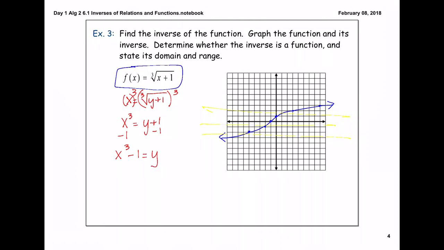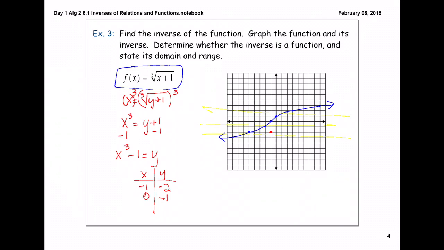If you forget how to graph an x cubed function, you can always make a quick t-chart. If you plug negative 1 in, you get negative 1 minus 1 is negative 2. So plot negative 1, negative 2. When you plug 0 in, 0 minus 1 is negative 1.